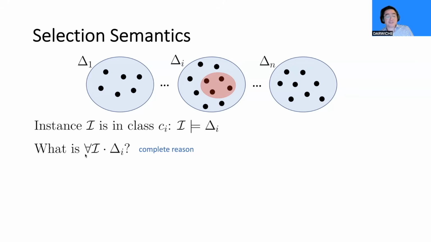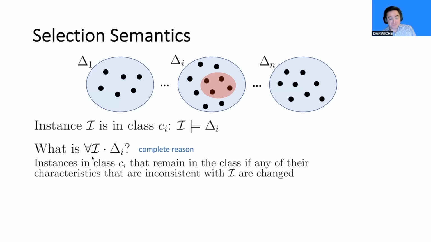And what this is doing is pulling some members of the class that are similar to I in some way. And now I'm going to give you a word description of what are those instances that are selected by this abstraction operator, right? So let me read it.